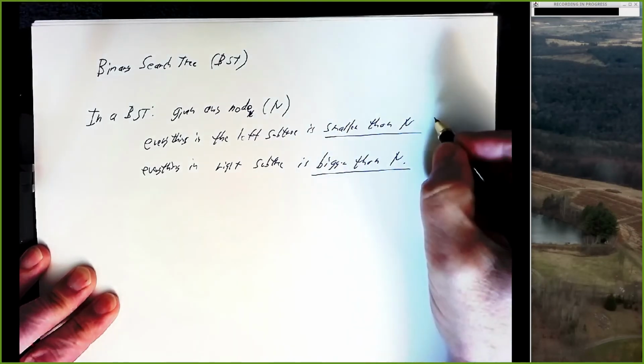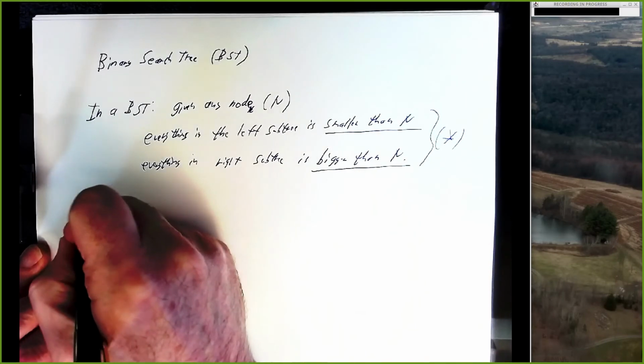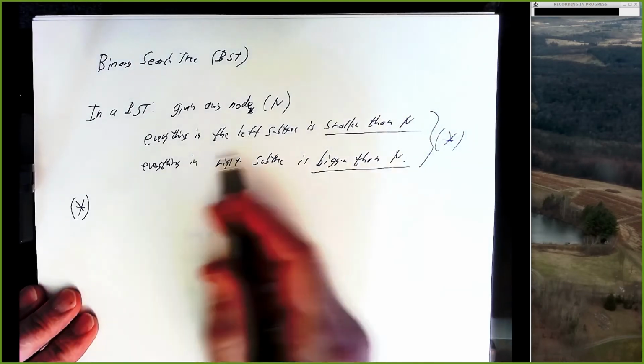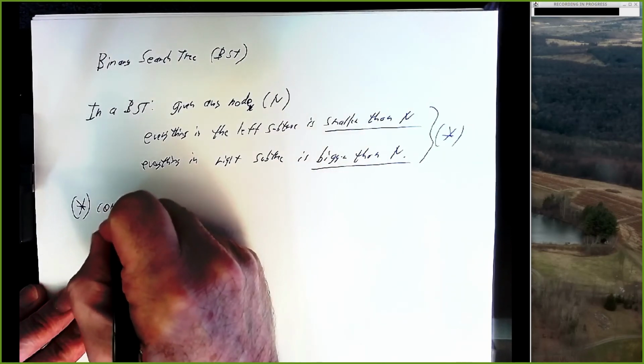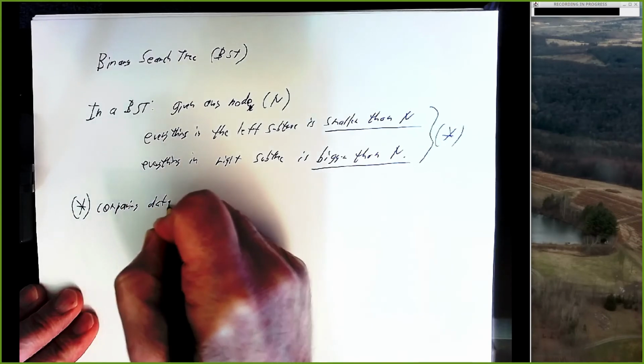All right, so let me put a little footnote here about terminology. When I say one node is bigger than another node, what I mean is the data value of one node is bigger than the data value of another node. So when we talk about everything in the left subtree being smaller than n, what we're really doing is comparing data values.